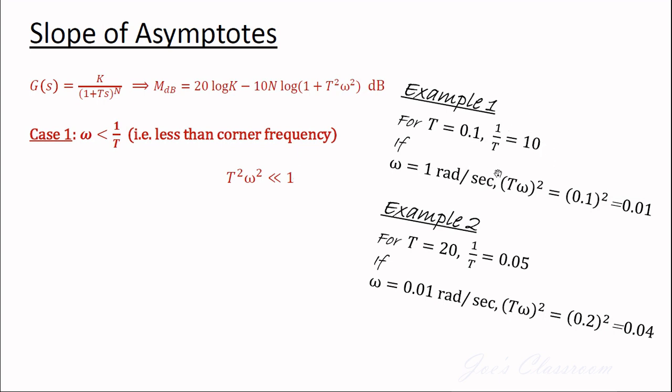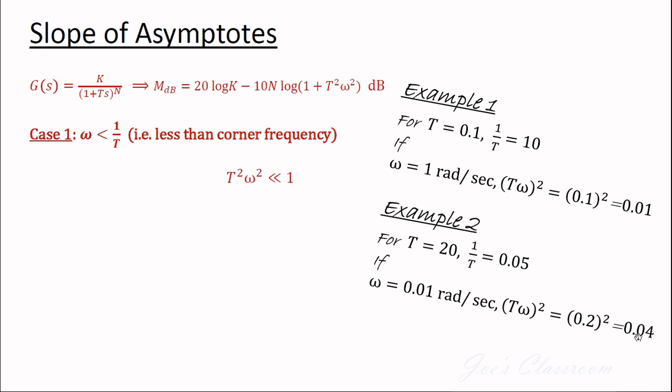From these examples, you can very well see that T square omega square is always lesser than 1. I have taken two cases with T equal to 0.1 as well as T equal to 20. So whatever value you take for frequencies lesser than 1 by T, the product T omega squared is far, far lesser than 1.